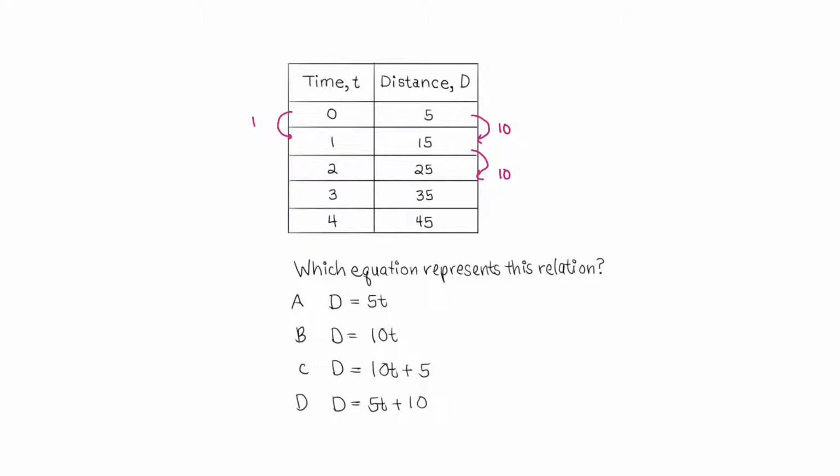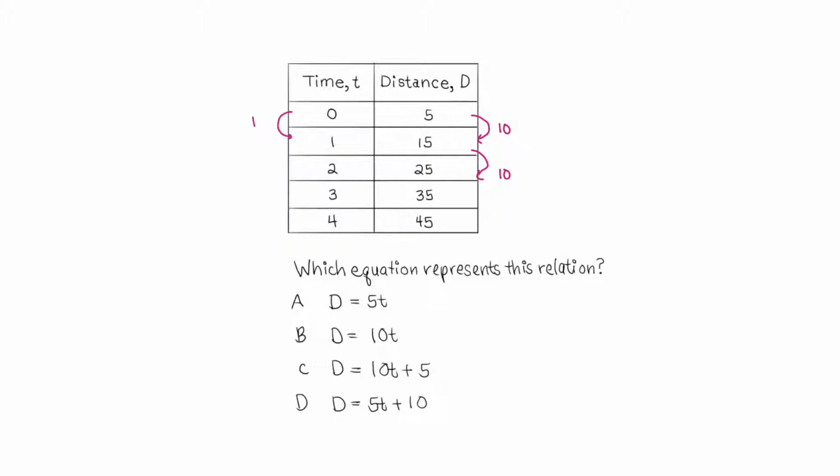So which equation represents this relation? Our slope is 10. It's going up by 10 for every 1, so it's going to be 10T. And then we need to figure out, is there an initial value? There is an initial value.